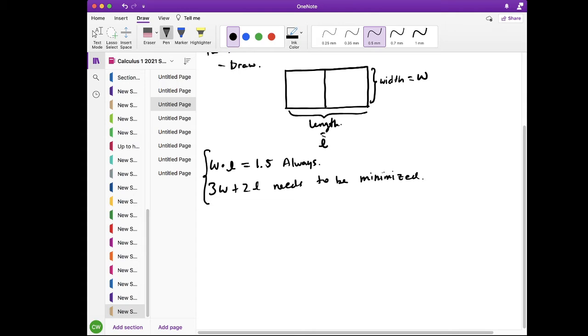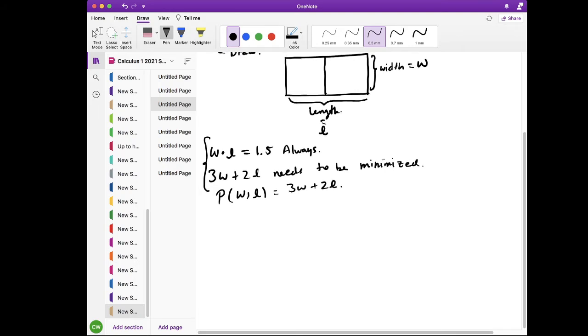If you want, we can say, let's do P for perimeter. We have P of W, L is equal to 3W plus 2L. This is two variables, so how do you make it one variable? And which variable may be easier to solve for? I think L is easier, right? Because 1.5 times 2 is 3. 1.5 times 3, that's still a decimal.